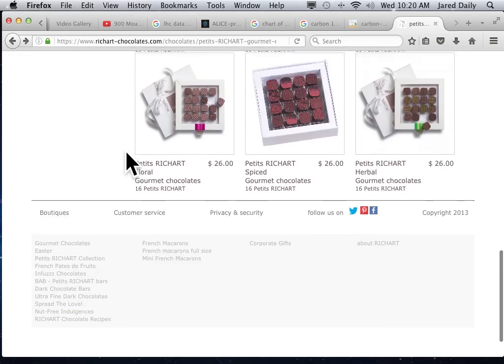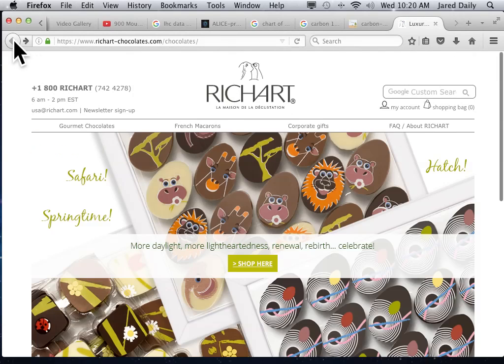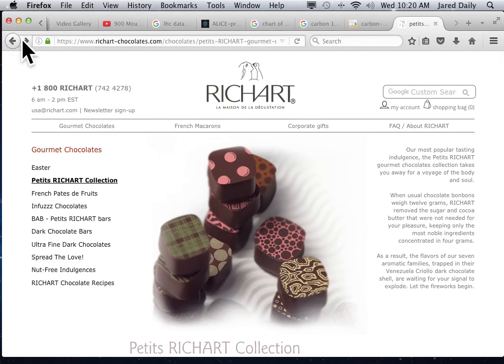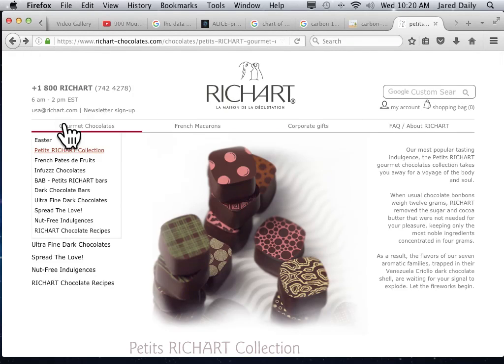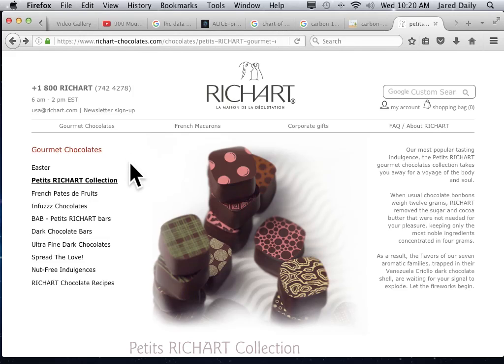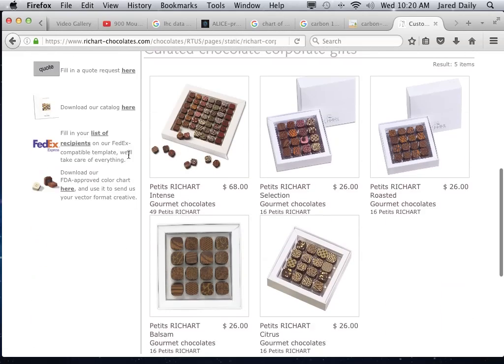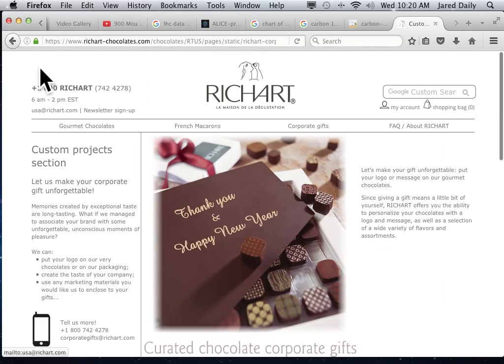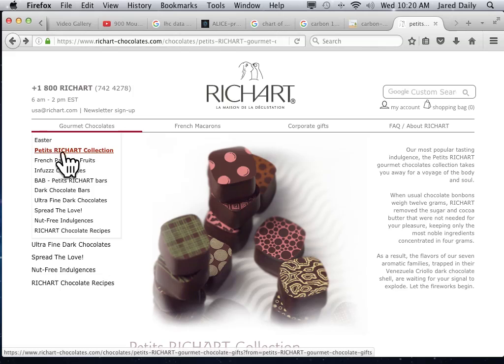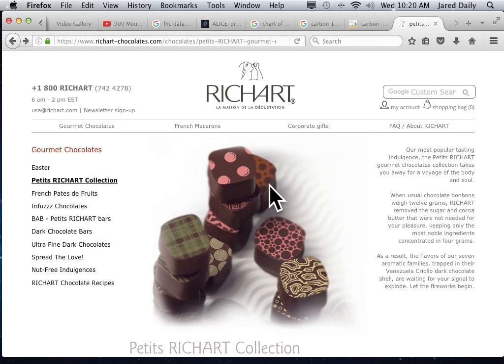They have different varieties. No shame. I've spent hundreds of dollars at this place before, and it's worth it. If you really want to get crazy with this, they have a chocolate vault that costs $800, where it has all of their truffles in it.